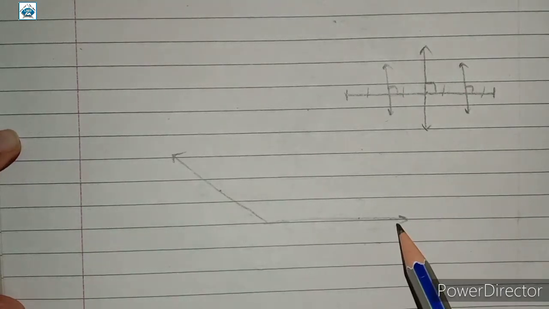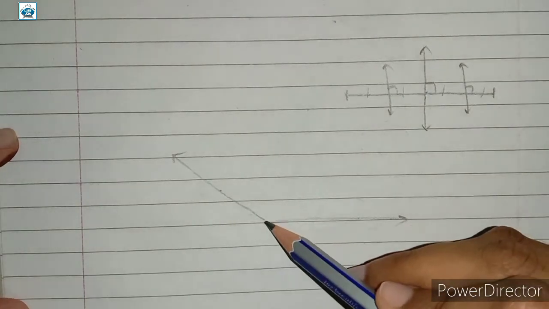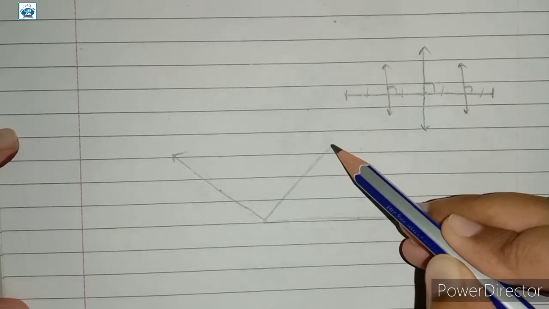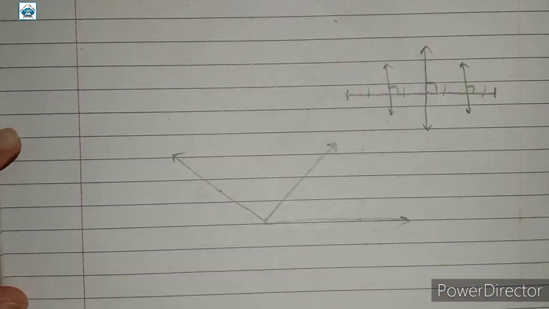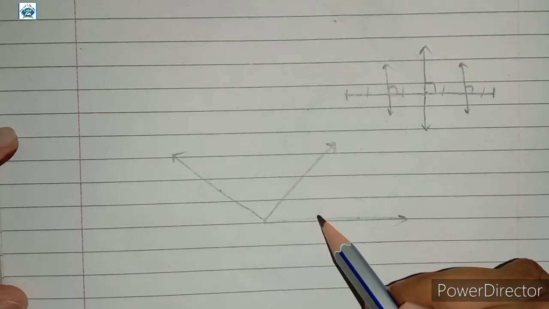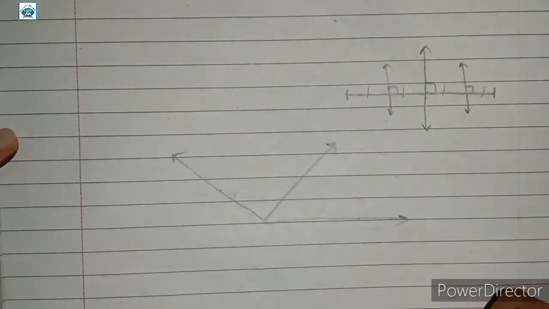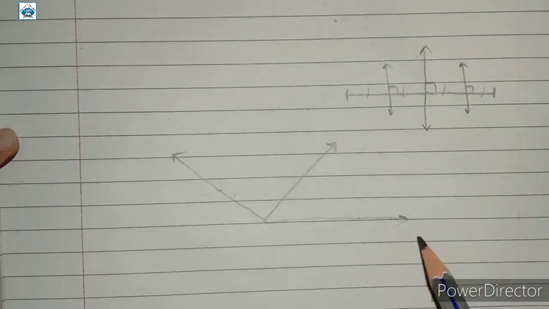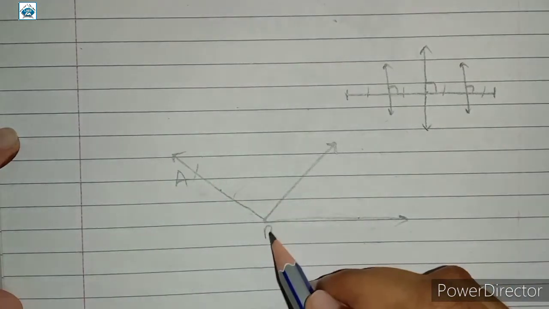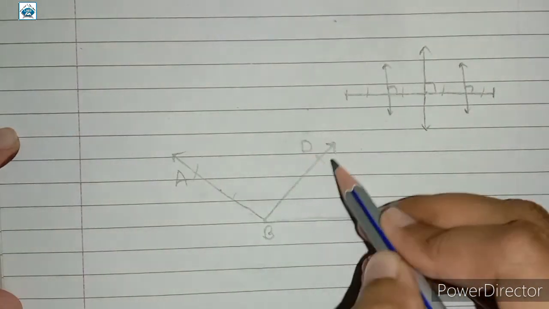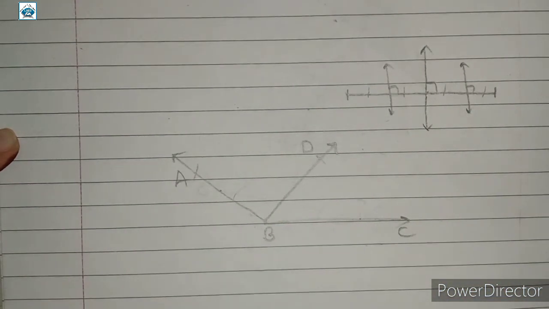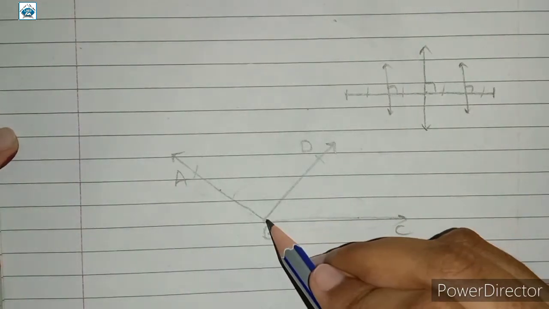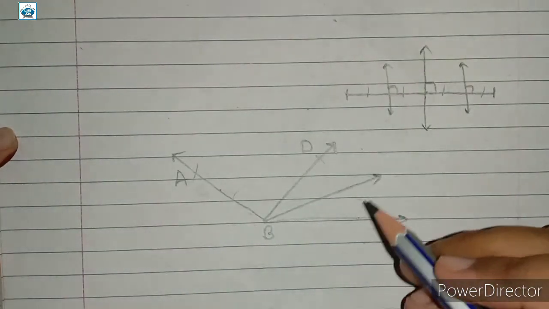We are given an angle. First of all, we will draw the bisector of this angle, and then you will draw the bisector of the two angles formed because of this bisector of this given angle. So suppose this angle is named ABC और यहाँ पे BD जो है that is the bisector of this angle, जिसकी वजह से आपको ABD और DBC दो angles मिले. अब यहाँ पे इस angle का भी एक bisector हम draw कर देंगे like this.